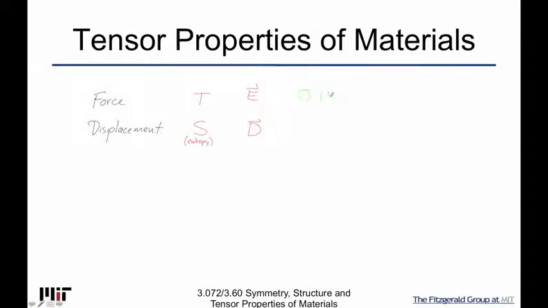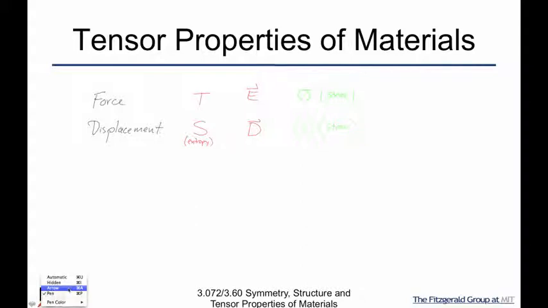Sigma here means stress, and a little epsilon, which is strain. So these are all examples of forces and their displacement. So those are materials properties. I apply a force and I get a displacement out.